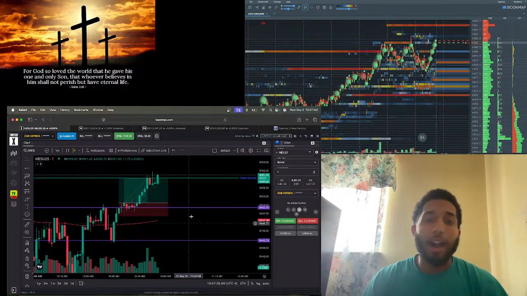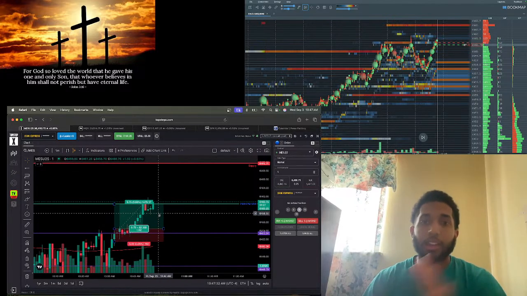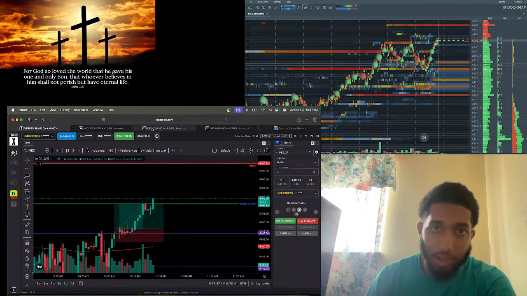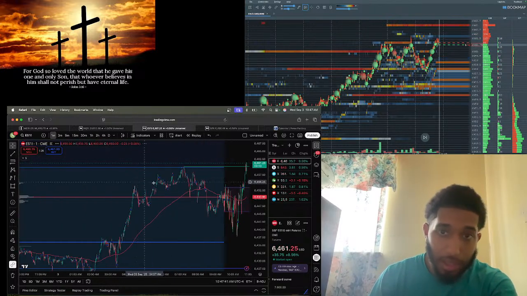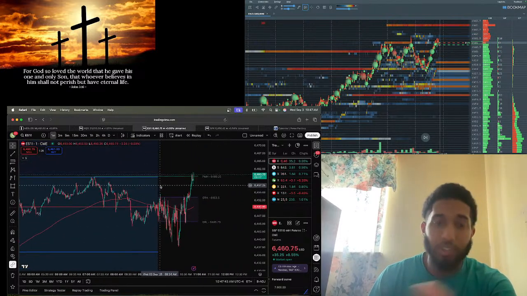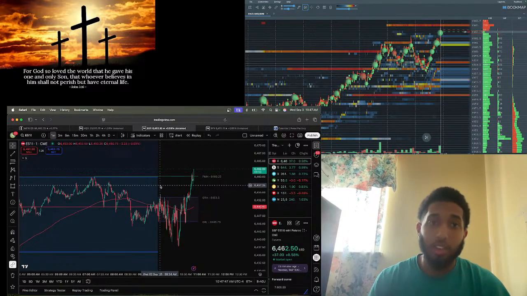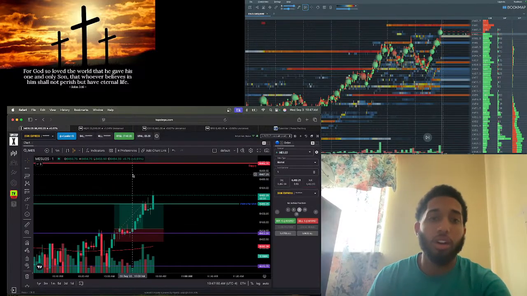And I'm very short biased above the pre-market high and the pre-market value area, because you see these two levels line up. This is the value area high on the pre-market, and this is the pre-market high. So that's a great level to target, but I did not want to go long above this level.